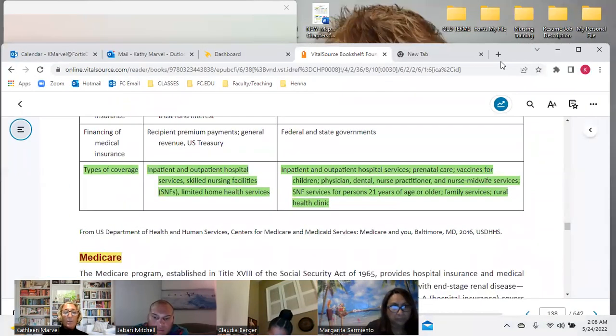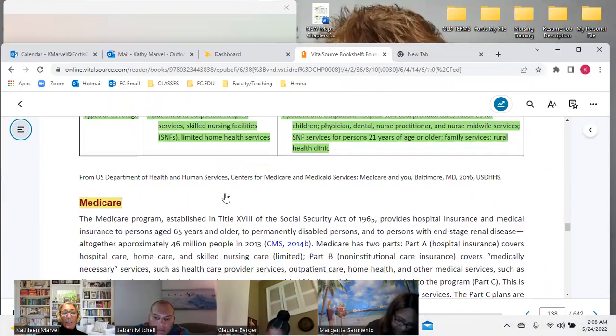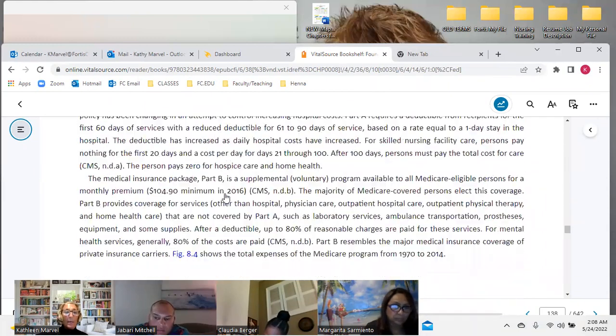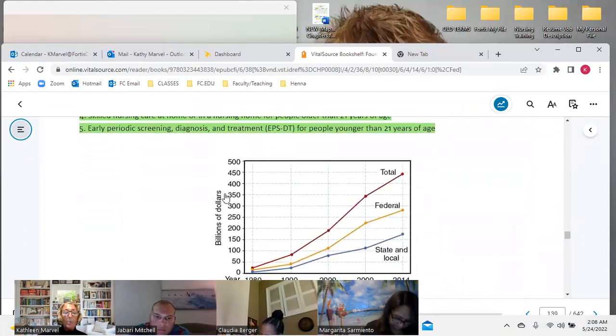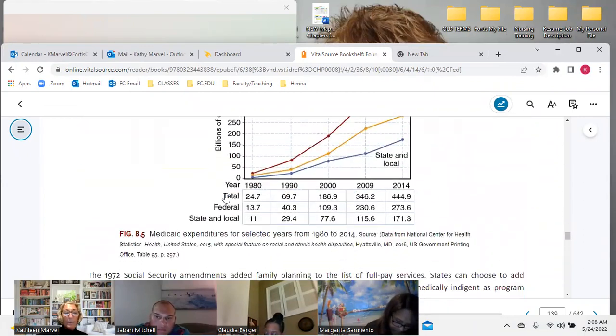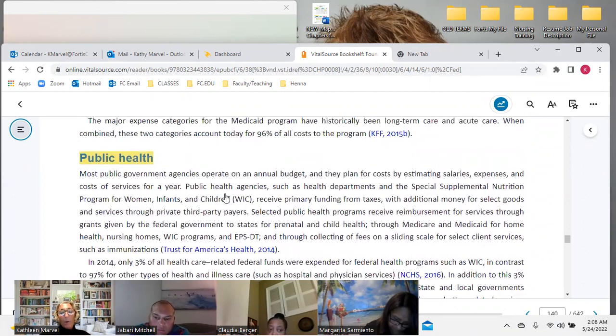And then what services do they cover? This goes through and talks about Medicare and Medicaid. Okay, so we're still in public support. And then we have public health financing. This is when the government gives money to the state, and the states give it to the local health departments.